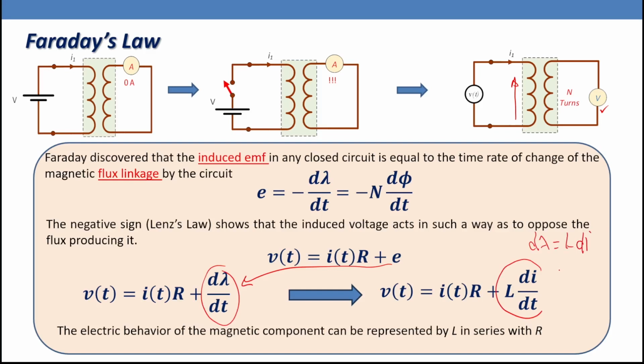If we integrate, this means lambda, the flux linkage, equals L i, or we can write L equals lambda over I, which is the flux linkage over the current. What we can conclude now is that the electric behavior of the magnetic component can be represented by inductance L in series with resistance R. R could be the internal resistance of this coil.